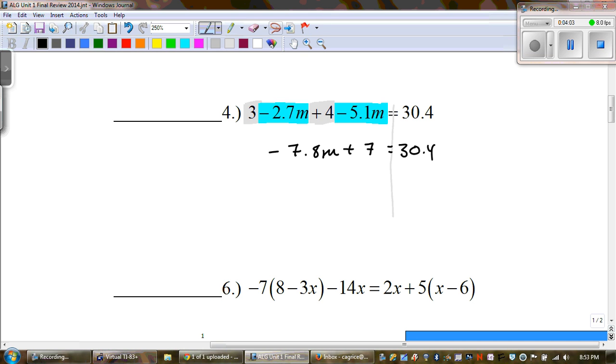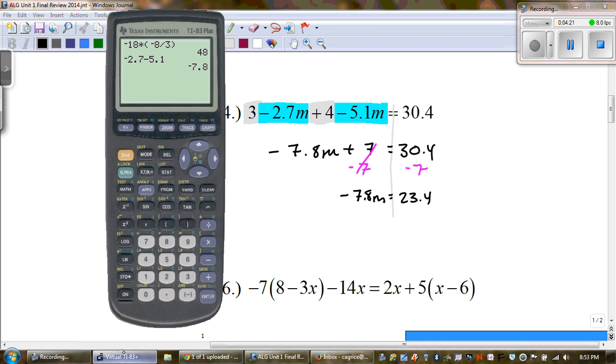Okay, so to get this variable by itself, we're going to subtract 7 from both sides. We get negative 7.8 m equaling 23.4. Okay, just since we're doing decimals, I'm going to double check my work because I did that in my head.